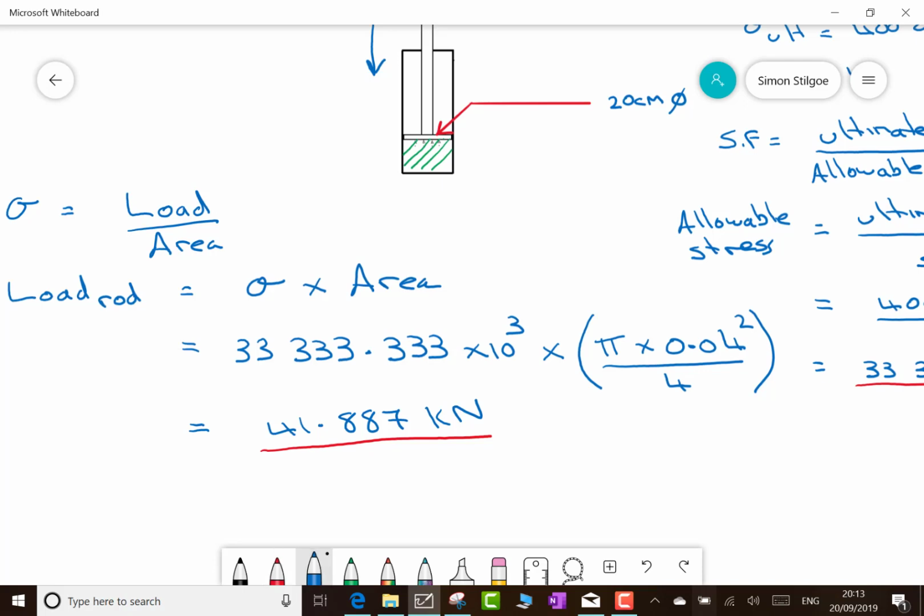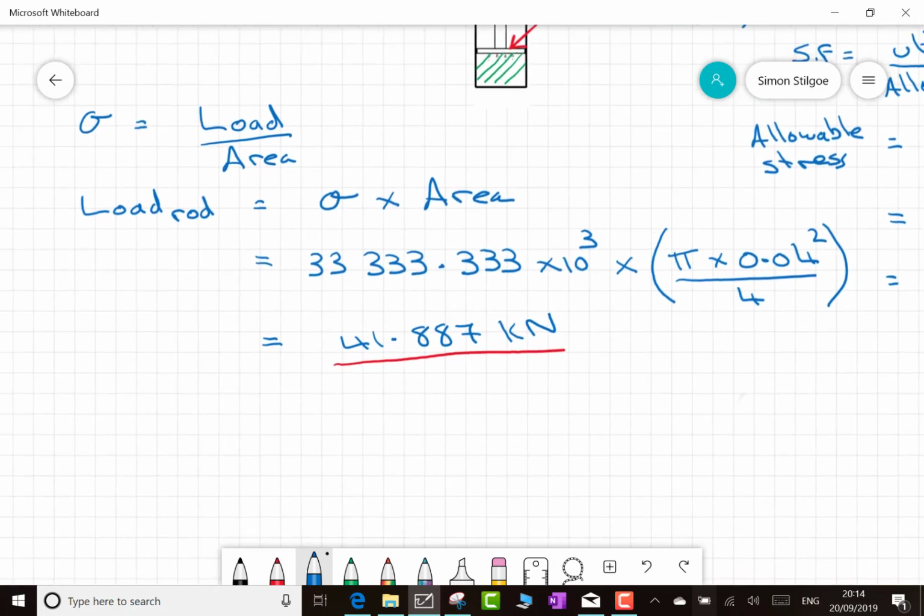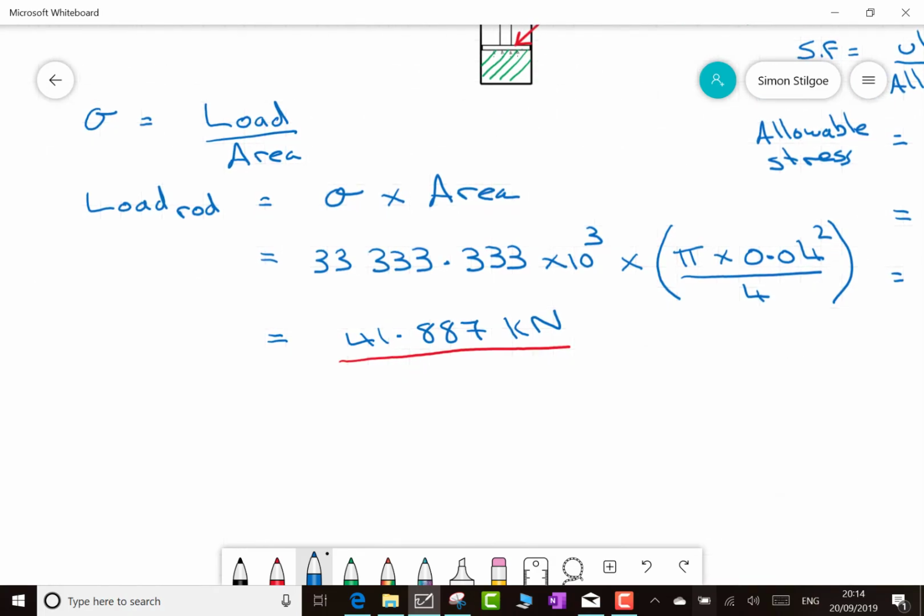Once I've got the load on the rod, that rod is connected to the piston, and now we can work out what's going to happen on that piston itself. The question was asking for steam pressure, so I'm thinking about what pressure is. Pressure is defined as a force per unit area.